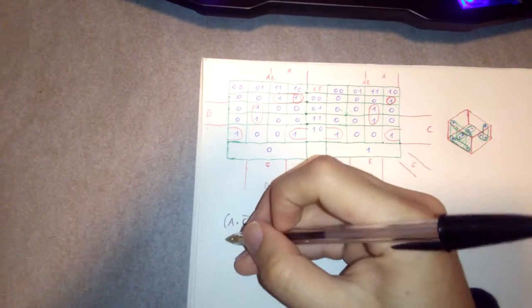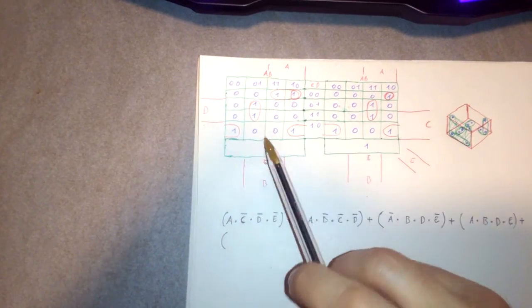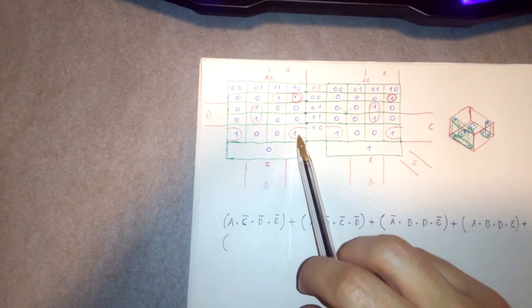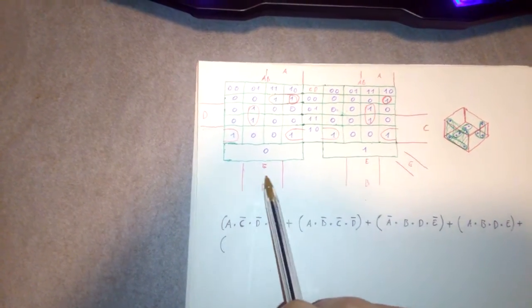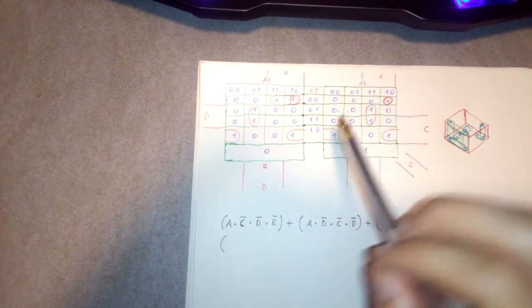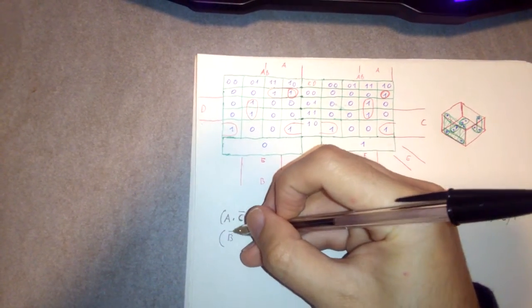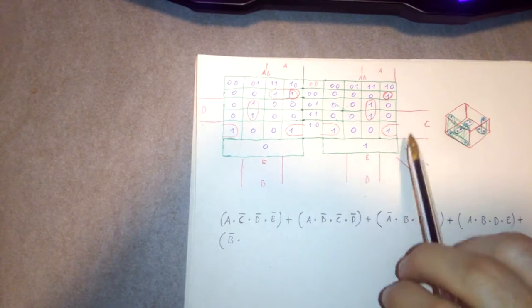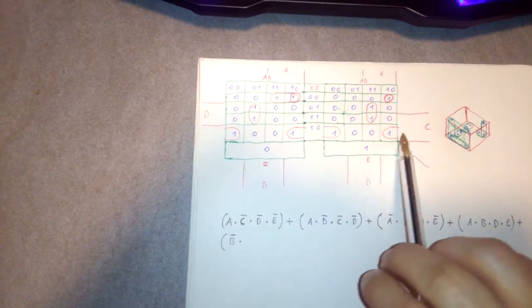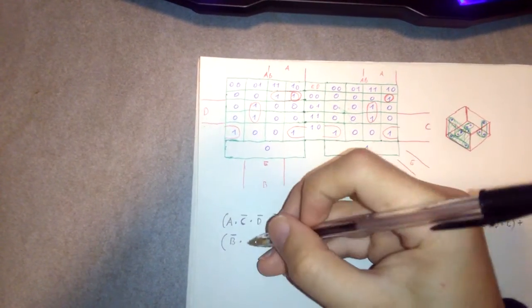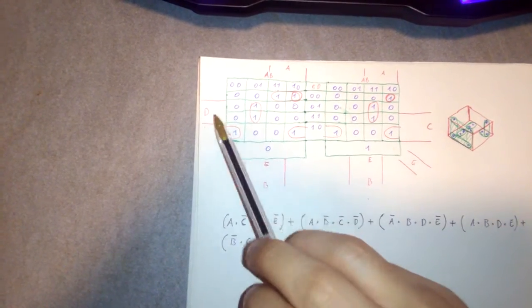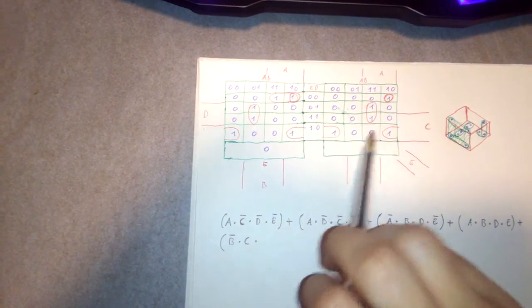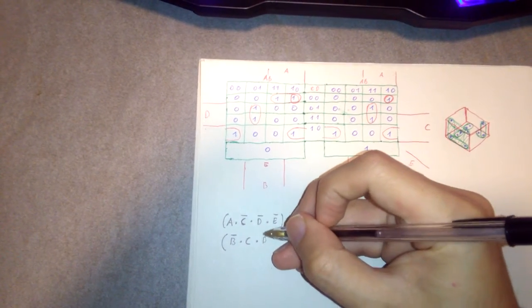Now for the last group of 4, it's half inside and half outside of A, so we're not going to have A. It's completely outside of B, so we're going to have B naught. It's completely inside C, so we're going to have times C. It's completely outside of D, so we're going to have D naught.